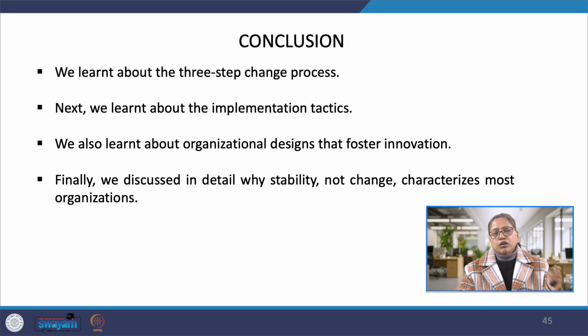So, to conclude the discussion here, what we have learned is the process of implementing change, where the change agent is part of the change process, called the action research model of change. Then we also learned the implementation tactics, or how change strategies are implemented in order to make change possible.